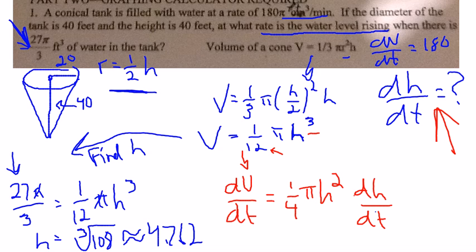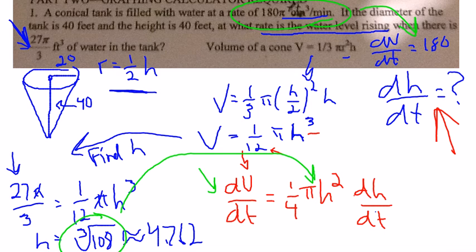So I want to isolate that thing. Now, this is where everything's starting to fall together. I know that, I'll go to my green, this is dV/dt. I wrote that right there, right? So I'm going to plug that in for that. I know this is h, so I'm going to plug that in right there. And then I can solve for dh/dt.